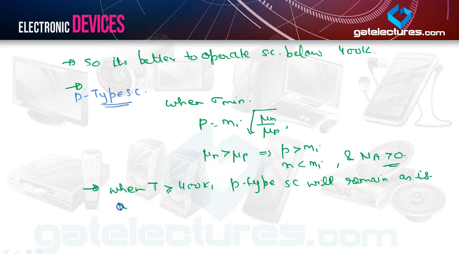No change in the characteristic, but it is advisable to operate the semiconductors below 400 Kelvin temperature. These are very important concepts, and you can expect a lot of theoretical questions in the GATE examination or any other PSU examination or in the IES examination. So it's better to be well versed with these concepts.